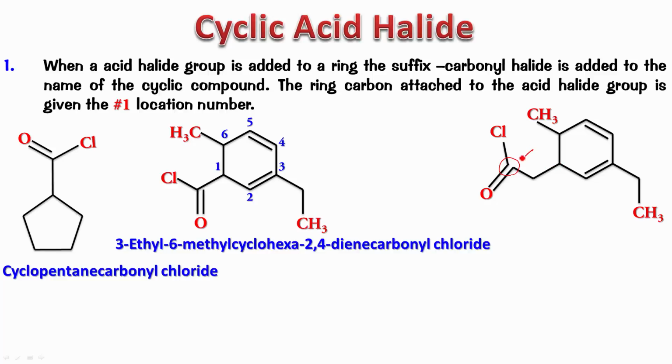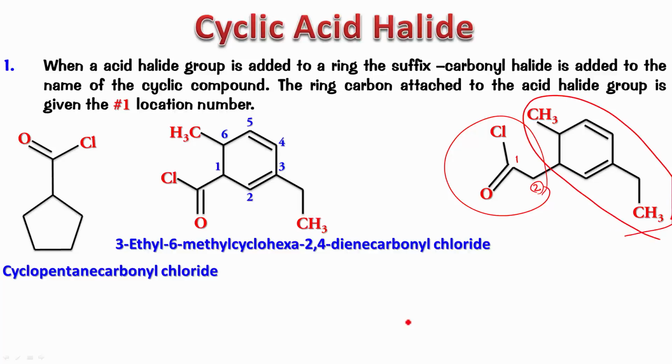It is attached to this particular carbon. So remember, this is the parent now. This is ethanoyl chloride. And this is number 1 and this is number 2. And on number 2, this entire thing is attached. So this will be a substituent now.